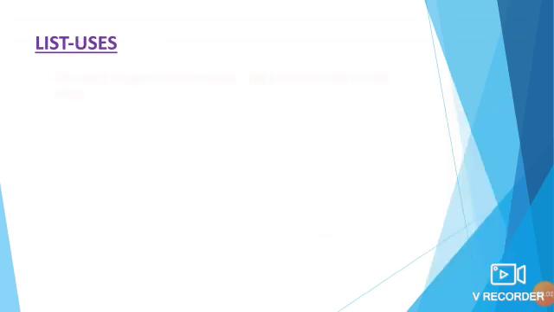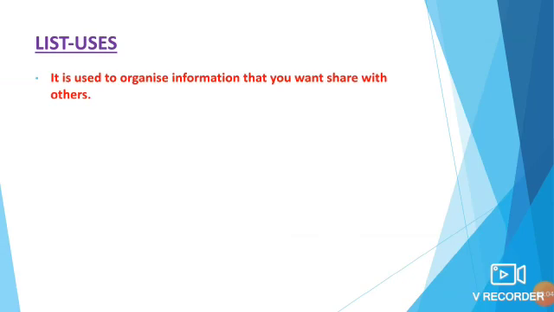Okay, so what are the uses of a list? And also your one easy example. Your mother is asking you to go to the shop to buy some things. Okay, so if it is one or two items, you can keep it in mind and get it. Okay, if it is beyond 5 or 10 things, what will you do?